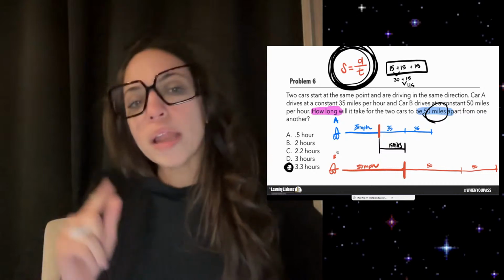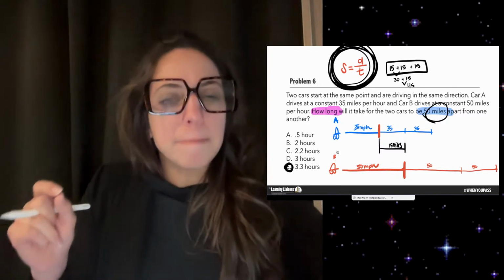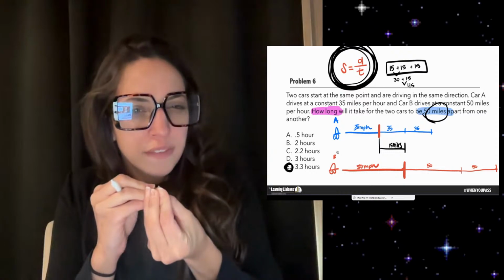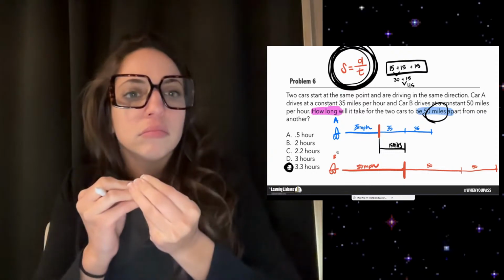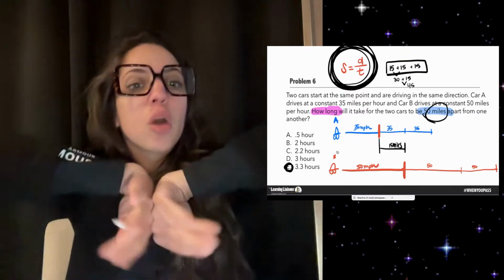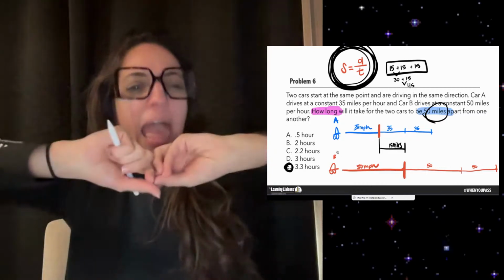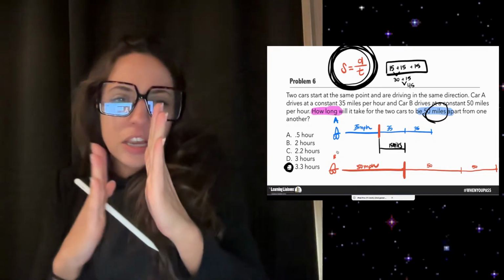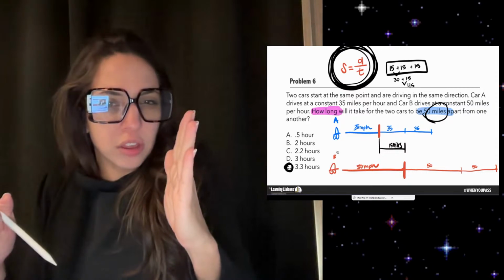So, what is my speed? My speed is going to be the difference between the two of them, not them together, because they're not going in opposite directions and exponentially separating from each other. They're just incrementally separating from each other.